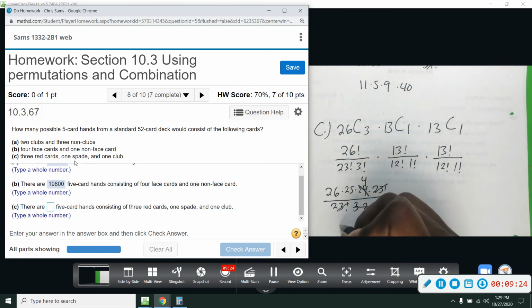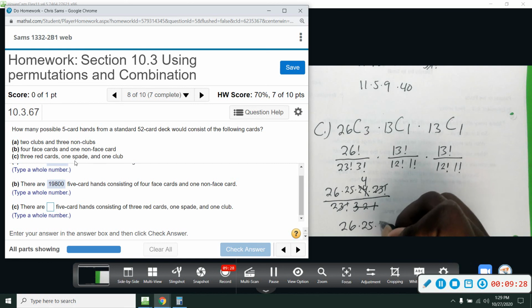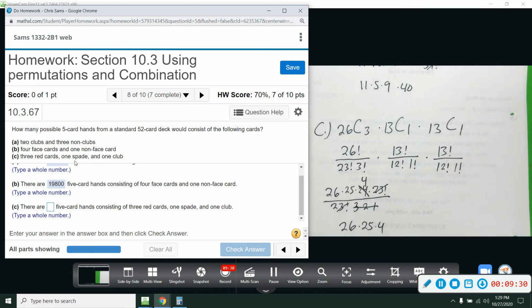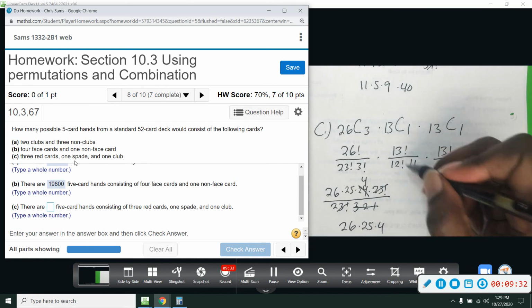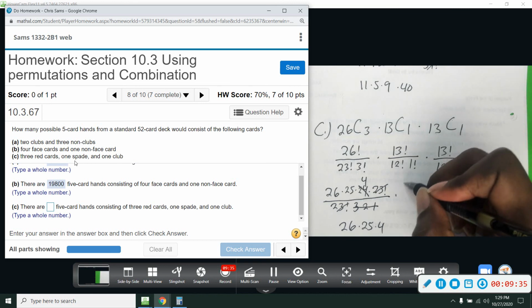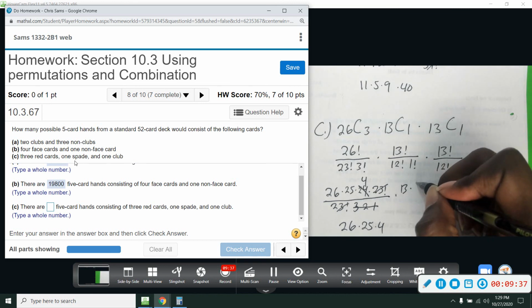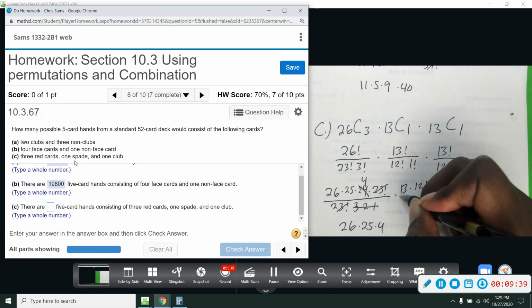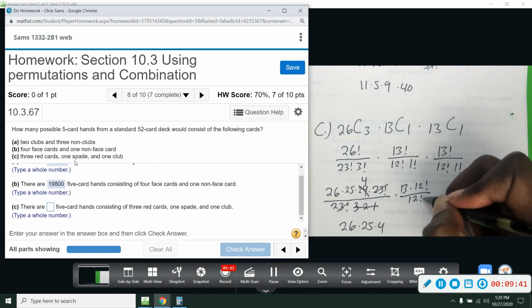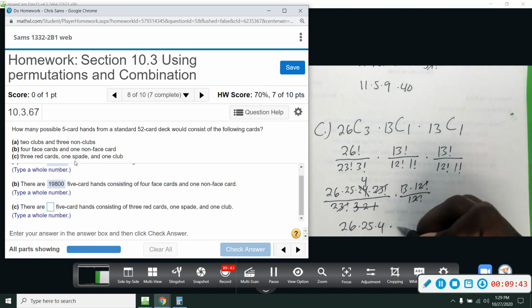So we have 26 times 25 times 4. And then each of these, 13 times 12 factorial. 12 factorial will divide out, leave you with 13.